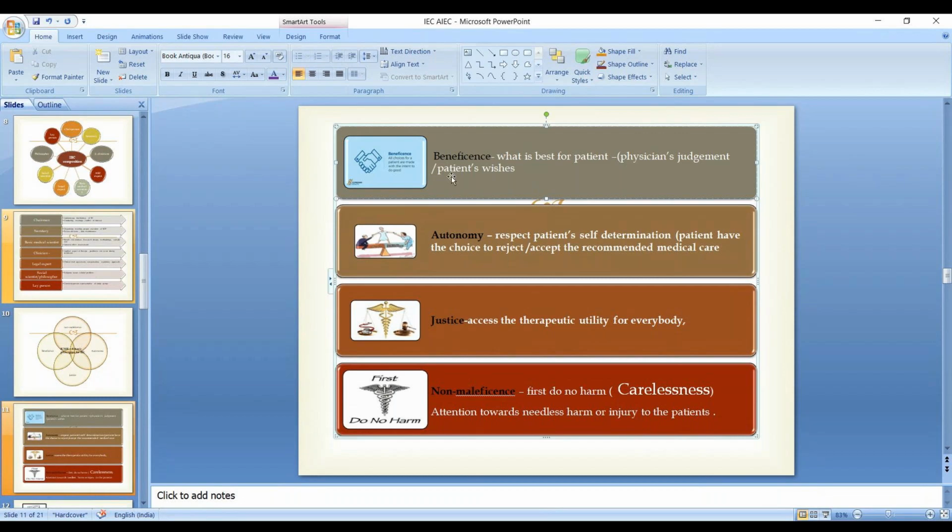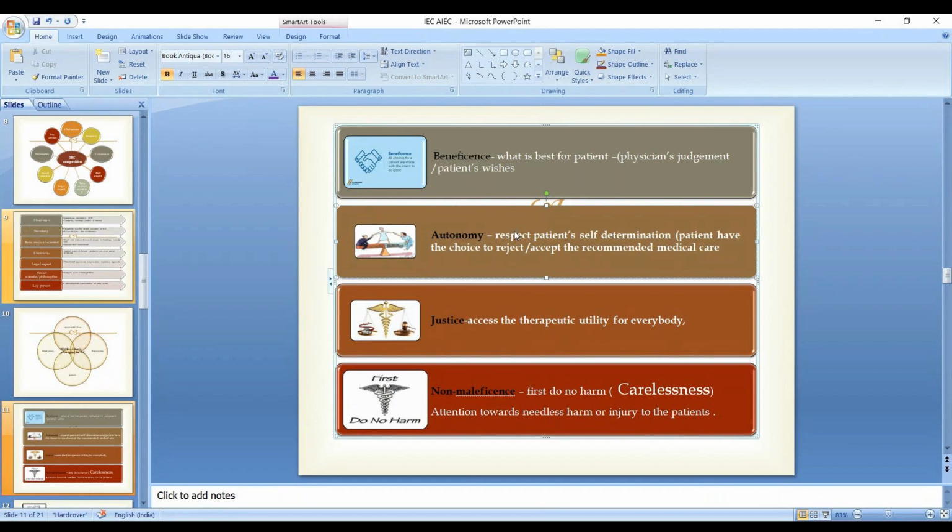Then the next one is autonomy. It is a respect towards the patient's self-determination. At any point of time, patient can leave your study. He can reject that I'm not going to continue at any point of time. Patient जो है वो अपने को डिसाइड करेगा whether I want to be in the study or not.